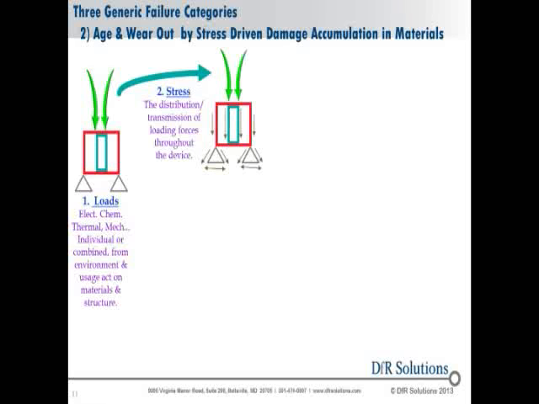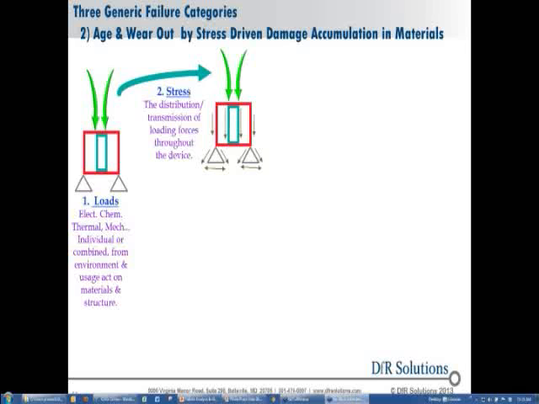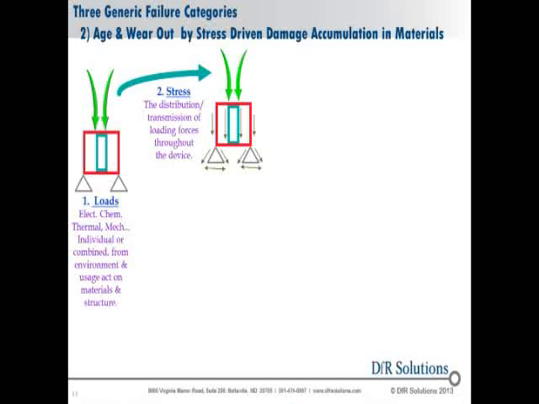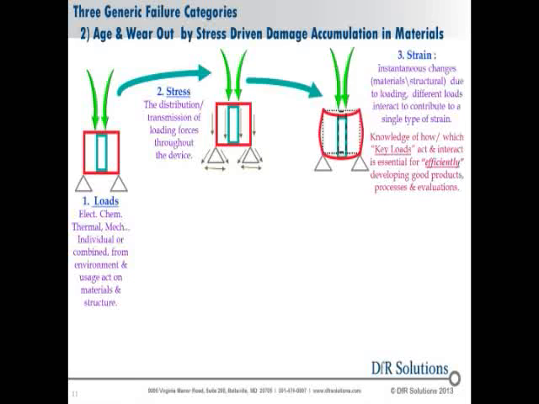Now, whenever a structure or material is loaded, it is stressed. And that means that the forces, the loads, are going to be distributed throughout the design until it comes into some form of equilibrium with the strength of the design resisting the applied load. But when a device is stressed, it is also strained, which means there is some instantaneous change in the materials or the structure.